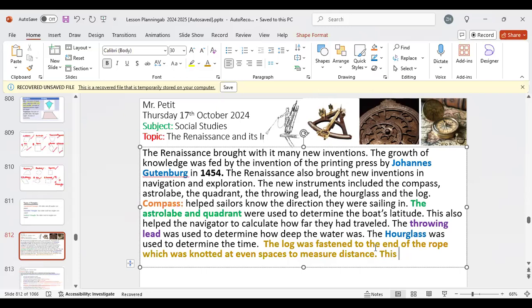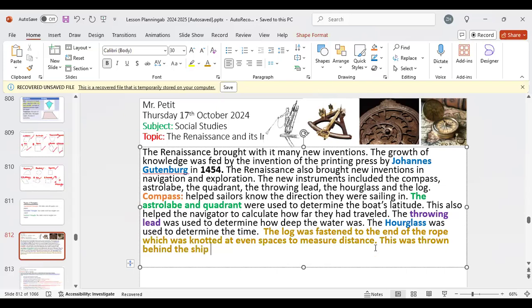This was thrown behind the ship, and the amount of knots would tell you how far the ship had traveled.